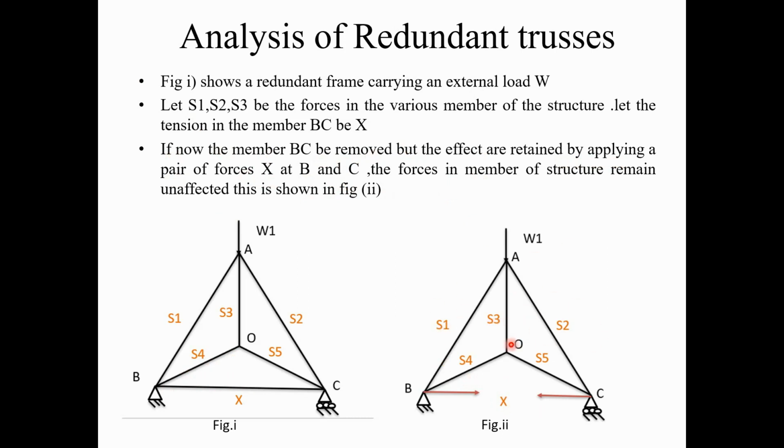The member forces remain S1, S2, S3, S4 and S5, and there is a force X we applied at B and C alone. So the structure becomes determinate, but there is one unknown force, X. We cannot find out X by statical equilibrium equations. So the effect is unchanged because of applying the X pair.